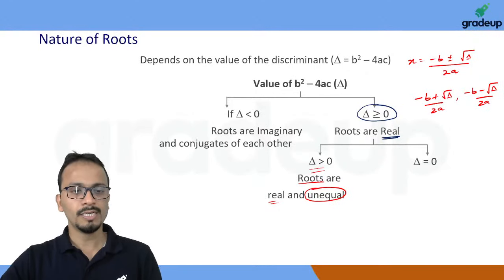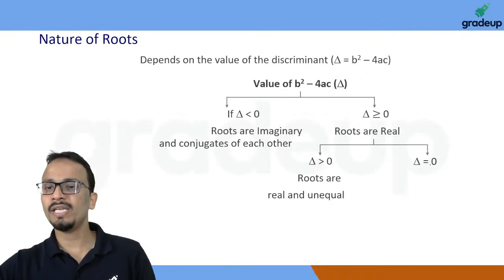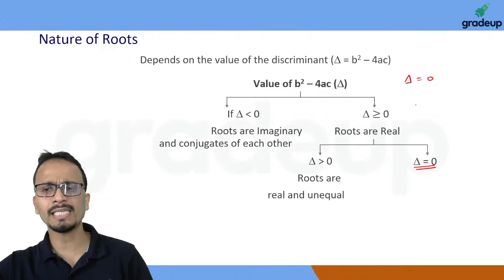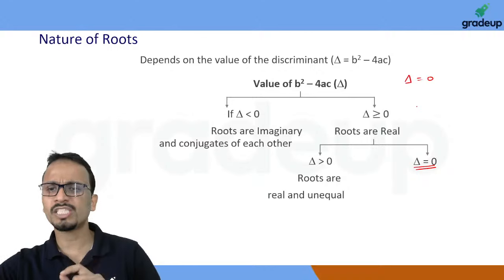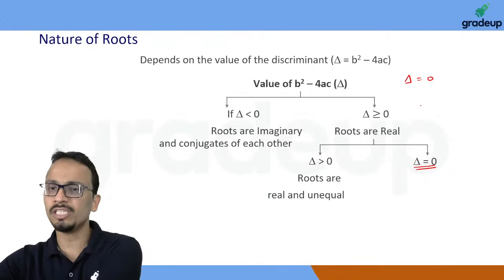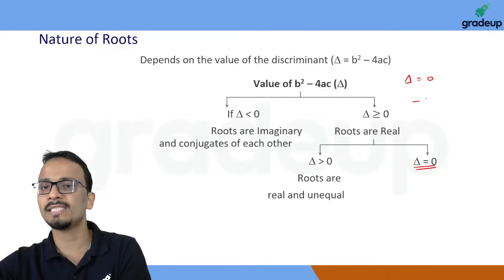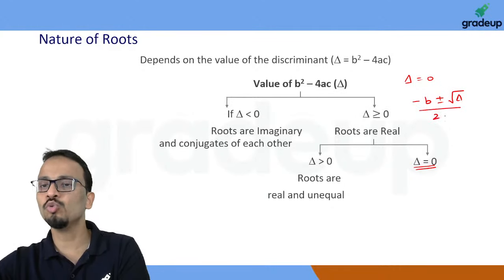Now the next case, when delta is equal to 0. If delta is equal to 0, the value which separates the roots from each other is equal to 0, and hence both the roots will be equal. The roots are minus b plus minus under root delta upon 2a.